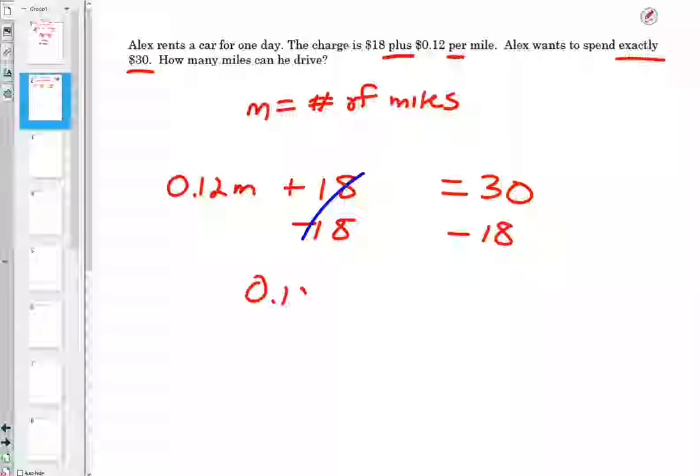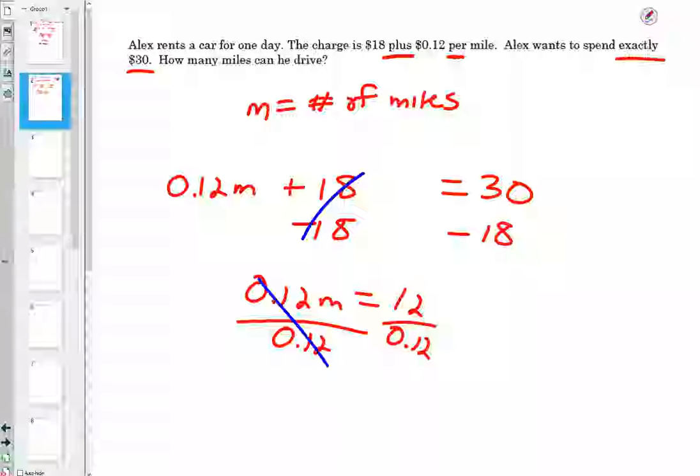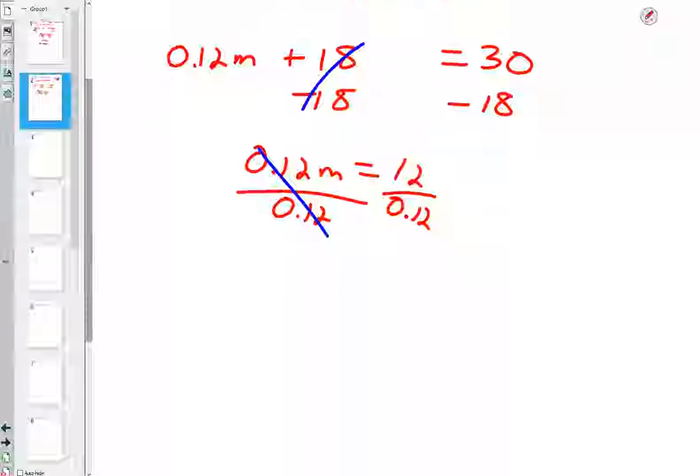So 0.12m is equal to 12 divided by 0.12. There's decimals involved, but we don't hear them because we have calculators. 100.